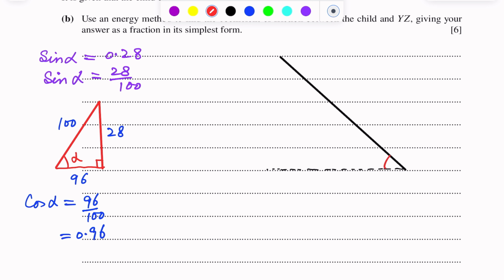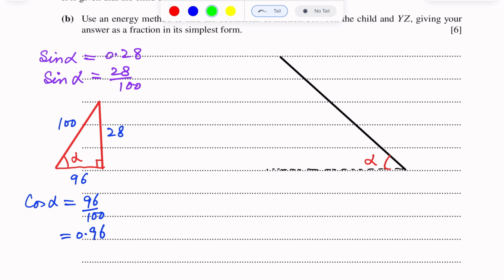This angle is given, that is alpha. This is yz. This point is y and this point is z.